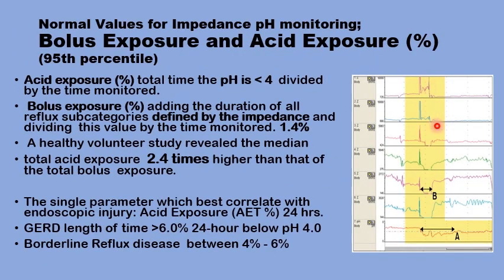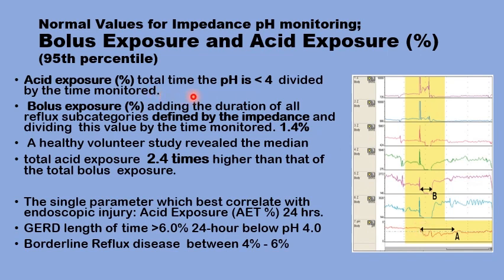We would also be interested not only in the number of the reflux episodes, but in their duration as well. The duration of the acid exposure, for example, would be calculated by adding up the duration of all the acid reflux episodes when the pH drops below the pH 4 level in the 24 hours period, and dividing it by the time monitored.